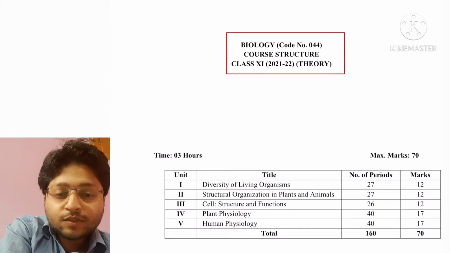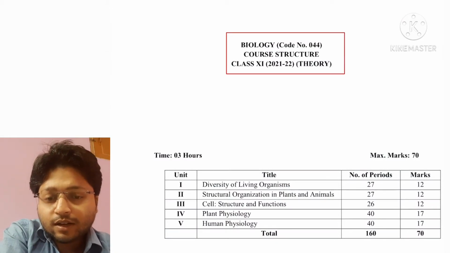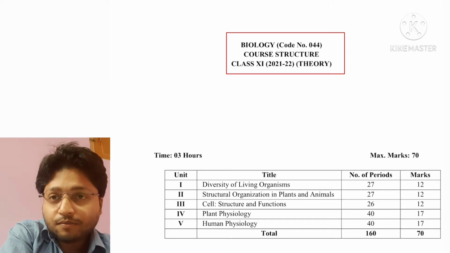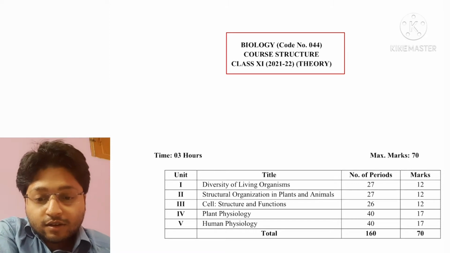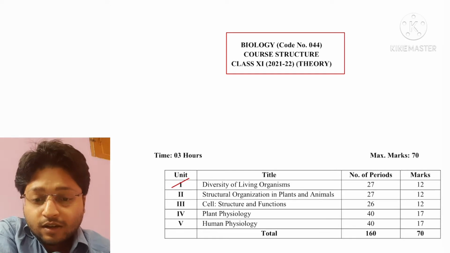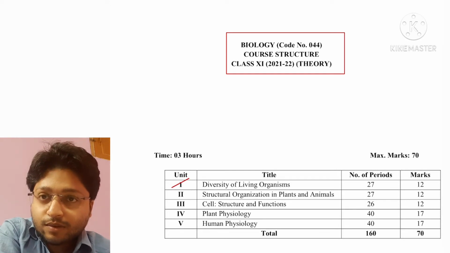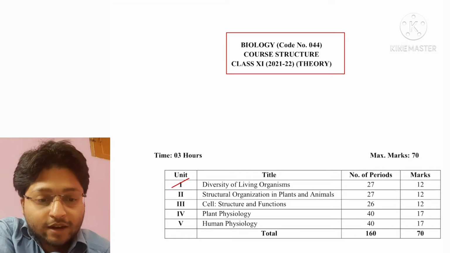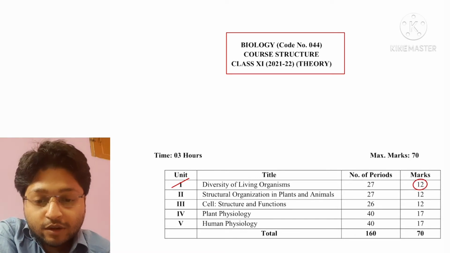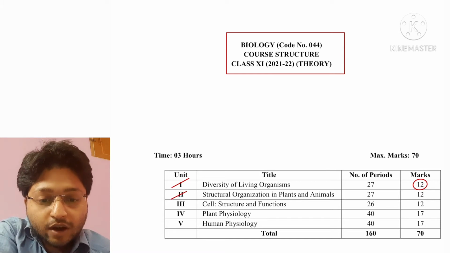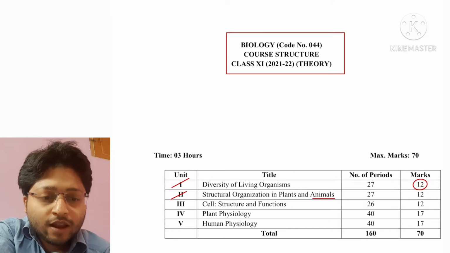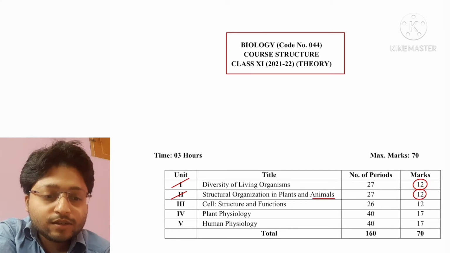Now come to the syllabus. The class 11 syllabus has 5 units. In unit 1, diversity of living organisms is present, and it carries 12 marks in the board exam. In unit 2, structural organization in plants and animals, and it also carries 12 marks.